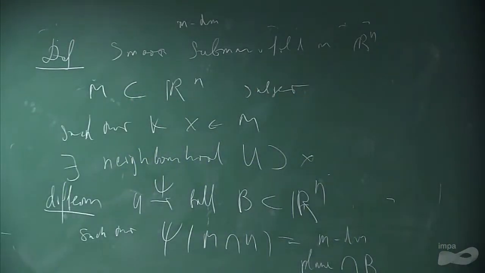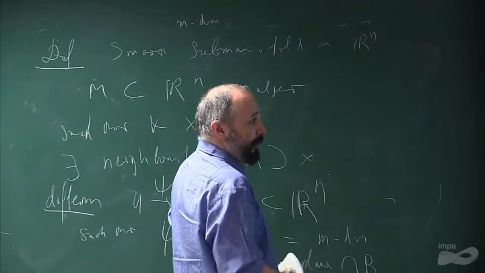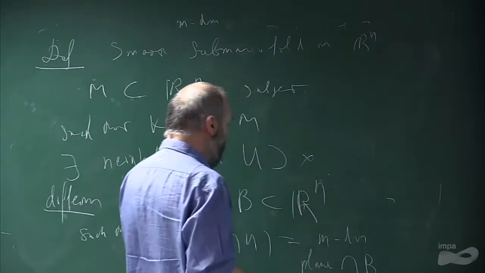So a smooth submanifold is a subset which is locally diffeomorphic to just a coordinate plane.